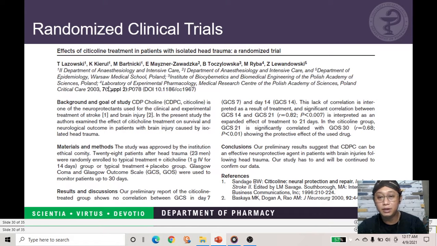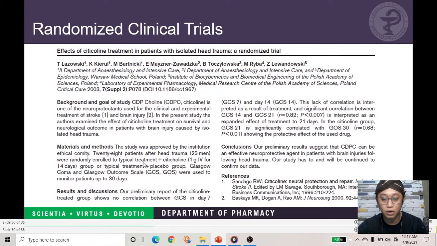This is one example: effects of citicoline treatment in patients with isolated head trauma. This is a randomized trial, and they used 28 patients after head trauma, 23 men and the remaining 5 females, and they were randomly enrolled in the typical treatment plus citicoline.